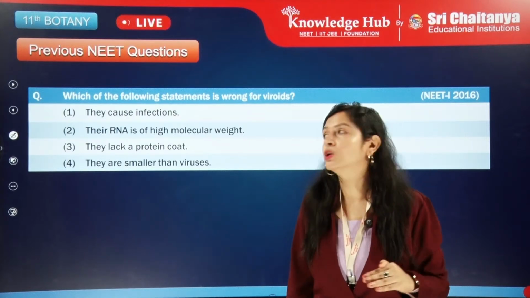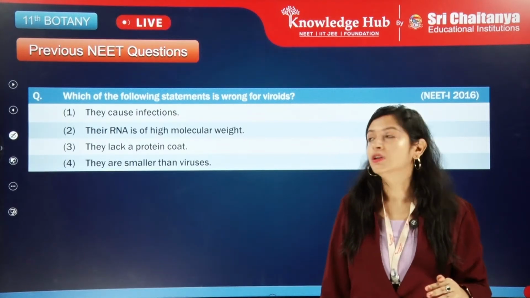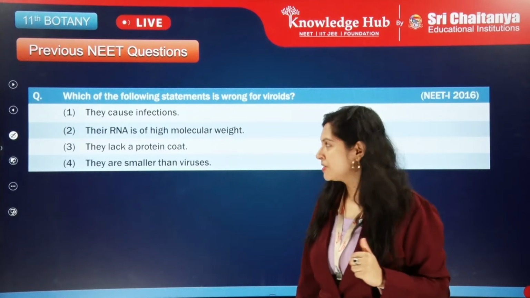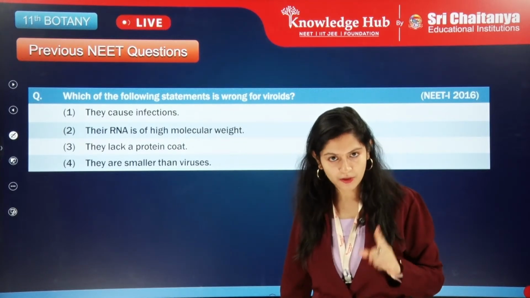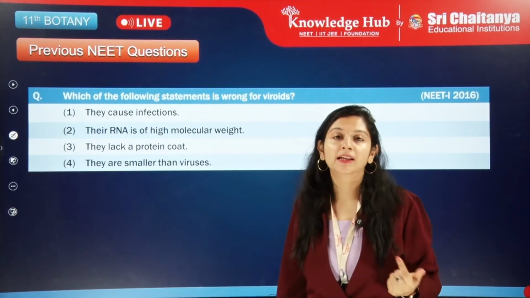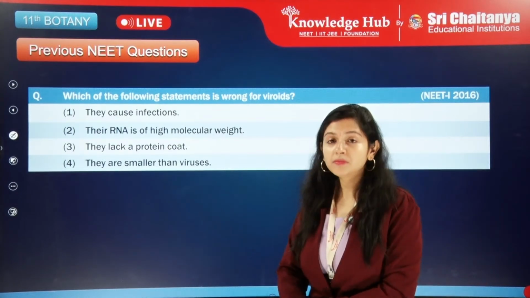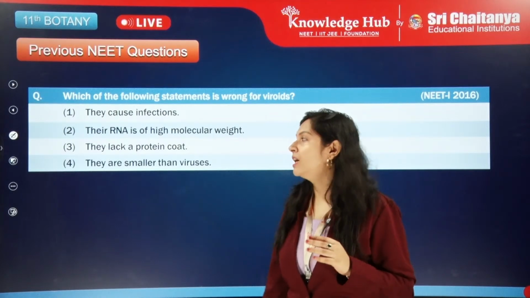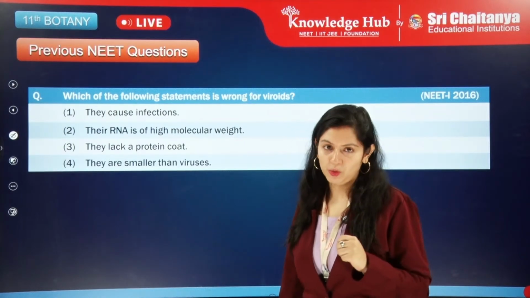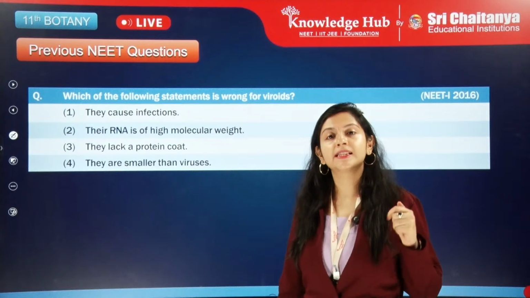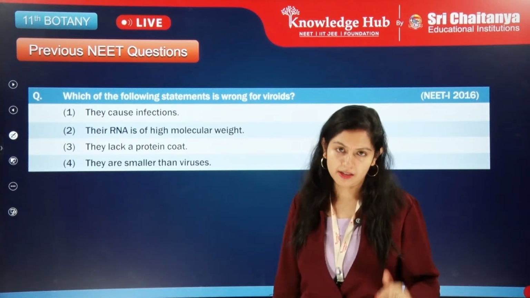Which of the following statements is wrong for viroids? They cause infections. Their RNA is of high molecular weight. They lack a protein coat. They are smaller than the viruses.